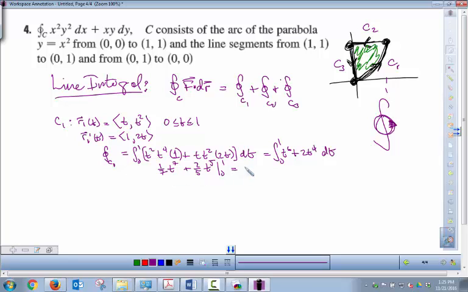And so that's 1/7 plus 2/5, which is 19 over 35.